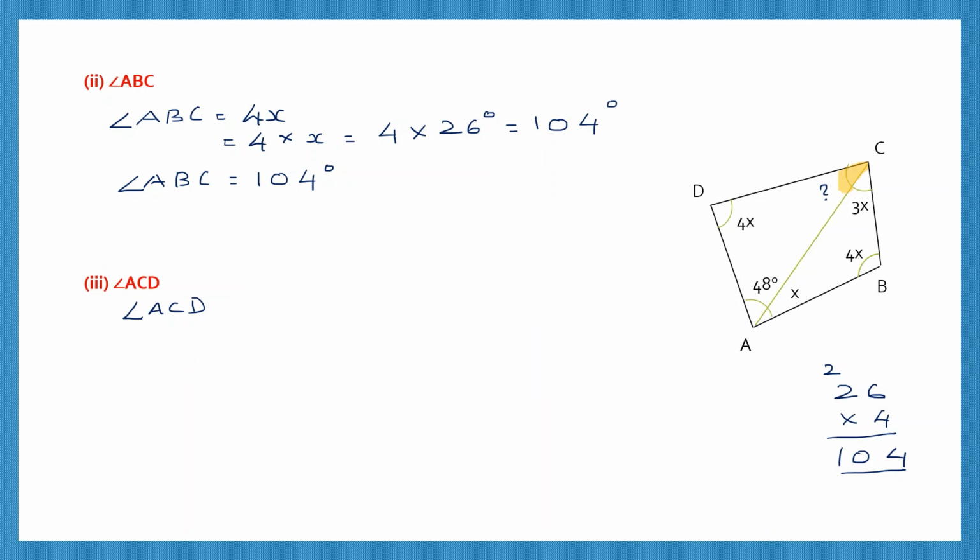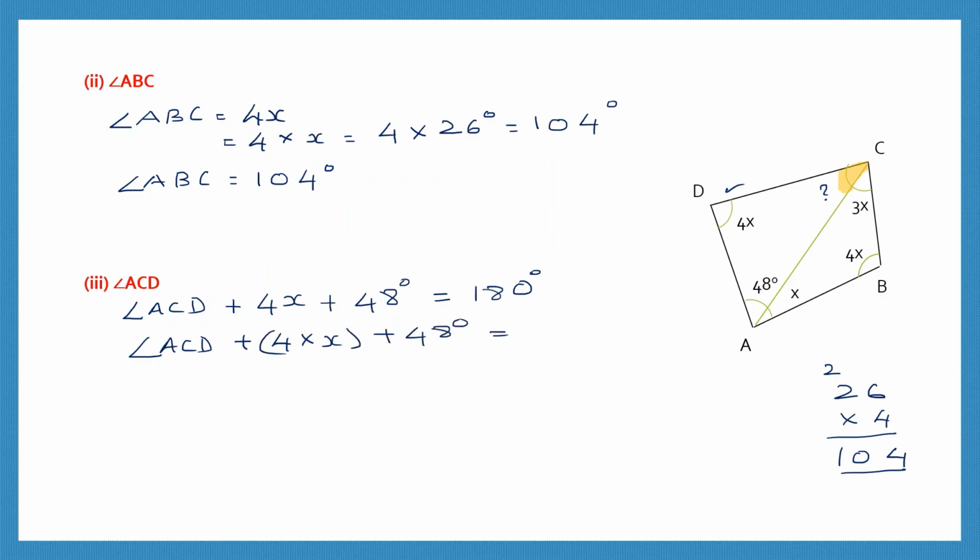So angle ACD plus 4x, plus 48 degrees should give us 180 degrees, because they are all the interior angles of a triangle. Plus 4x means 4 into x, plus 48 degrees. All this should add up to 180 degrees.